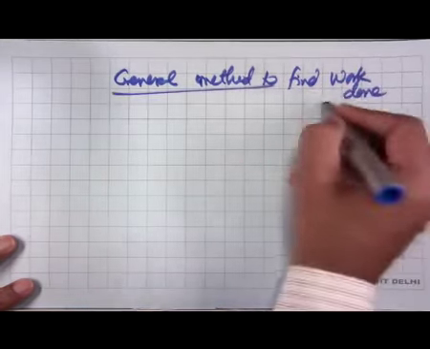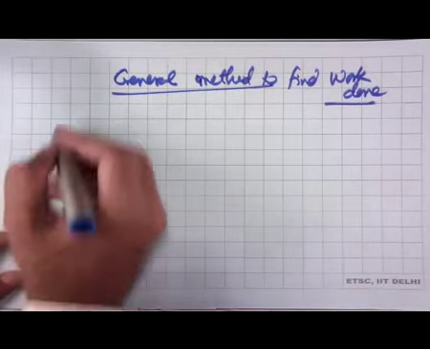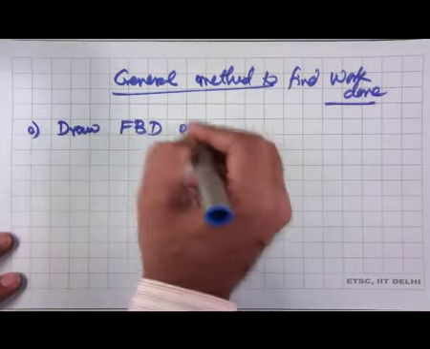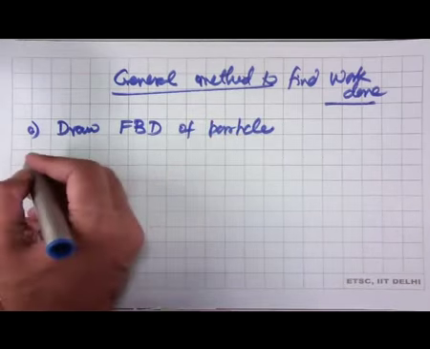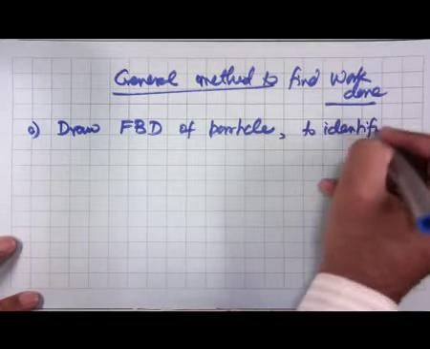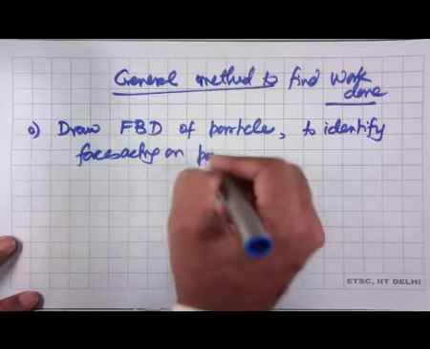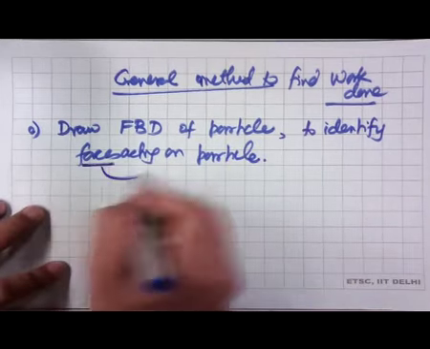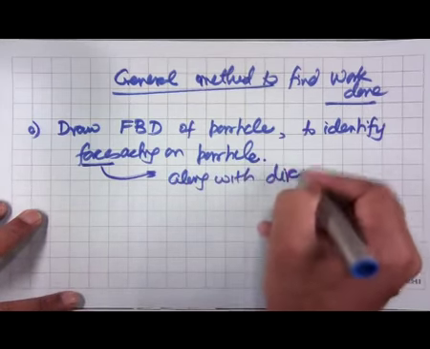when you have to apply the method of work, which we will discuss later, to these problems, first you draw a free body diagram of the particle, and then you identify the forces acting on the particle, and these forces will be along with their directions.